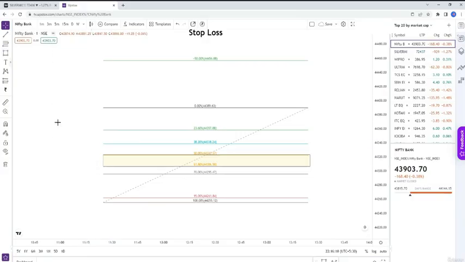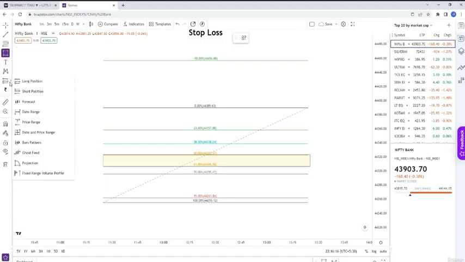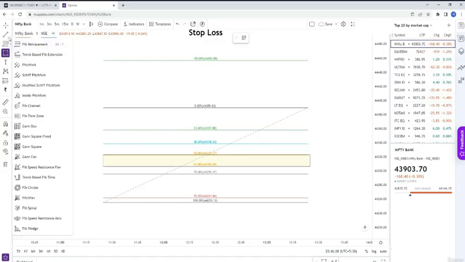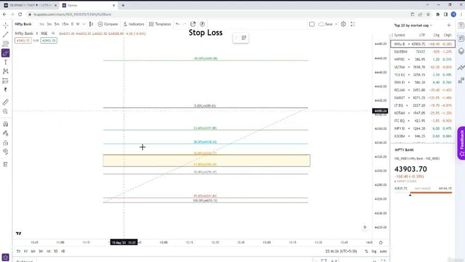On the golden zone, as soon as it makes a hammer at this point, enter, or on the first bullish candle inside the zone, enter, or at 70% take the remaining quantity.